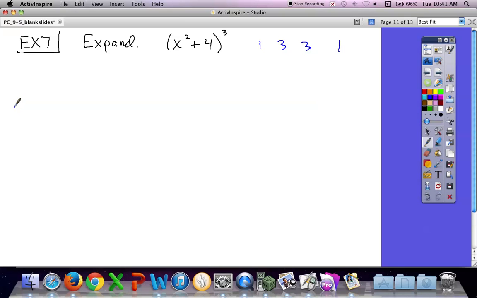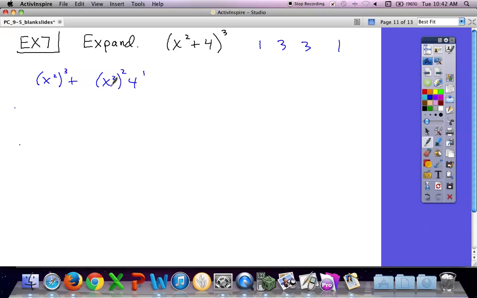Okay, now notice that this time the first term is actually squared itself, right? So I've got to be careful about this. I'm going to say the first term is x squared to the third, plus x squared squared times 4 to the first. Right? The first term should have that raised to the third power.